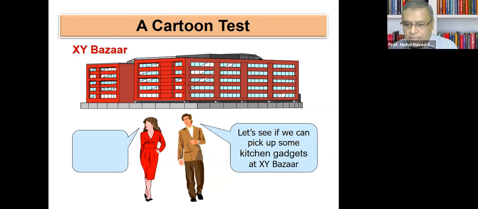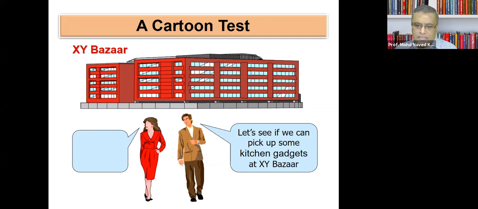We have a cartoon test here, and in this we have X Y Bazaar. For the sake of understanding, I'm not giving a specific name to this bazaar. Imagine that it's any bazaar, and let's see if we can pick up some kitchen gadgets at XY Bazaar. This is what one person is shown saying in this cartoon test.